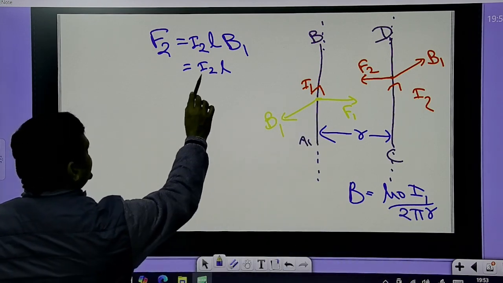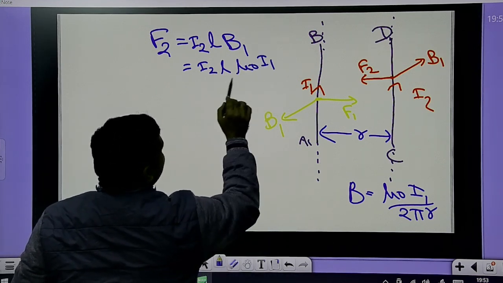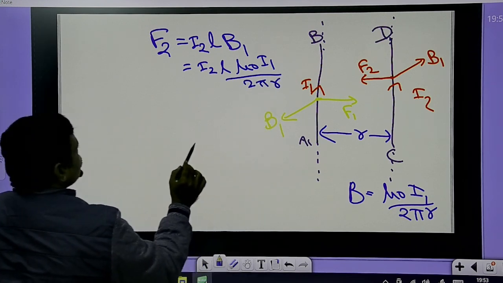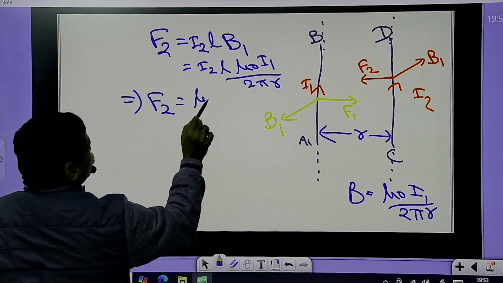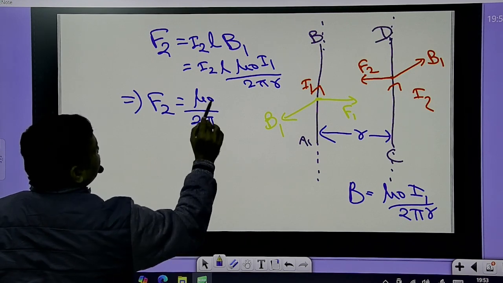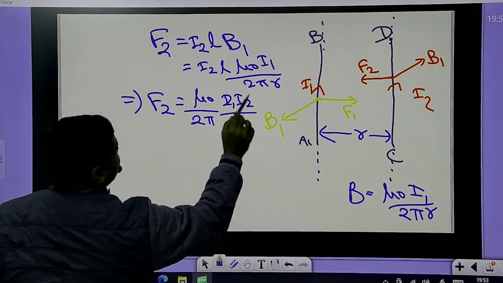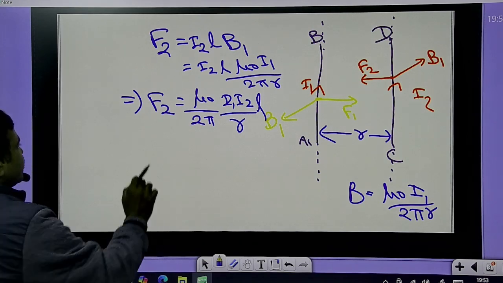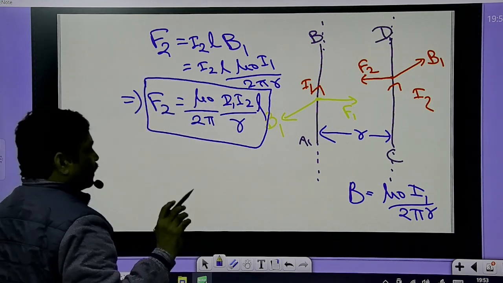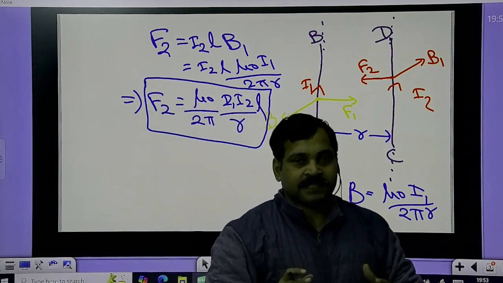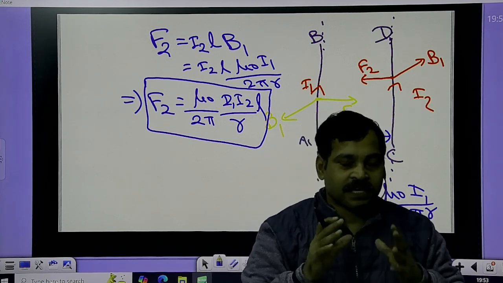So I write I2 L for the current and length, and for B1 I write mu naught I1 upon 2 pi r. So what I get here is F2 equal to mu naught upon 2 pi times I1 I2 L upon r. This is the derivation for the force acting on a conductor carrying current if it is placed near another current carrying conductor.